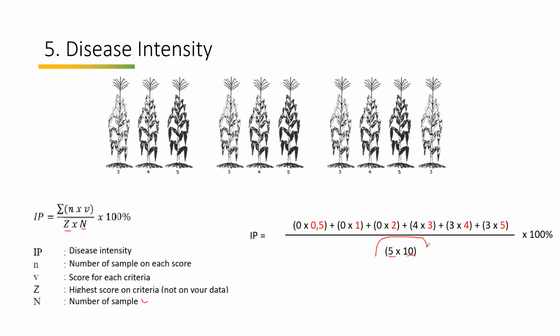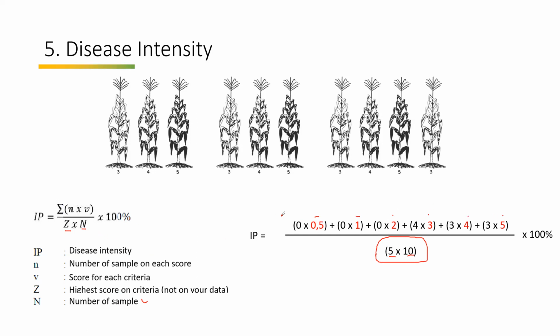This one is the worst condition that could happen. The worst condition is when all of our samples have score 5. So that's why we put here 5 times 10. And here we have some scores: 0.5, 1, 2, score 3, score 4, and also score 5.